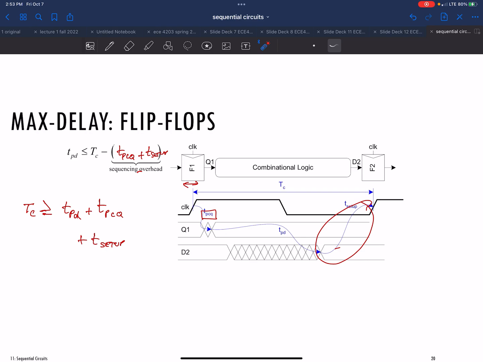The first thing you do is reduce the clock rate from 2 gigahertz to 1.5 gigahertz and see if it'll work. Because at some clock rate, if you have a setup violation, it will work. At some clock rate, every flip-flop, combinational logic, flip-flop stage will have enough time for this stuff to happen.